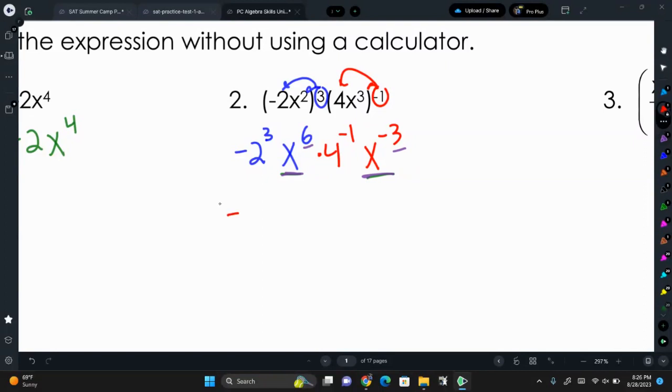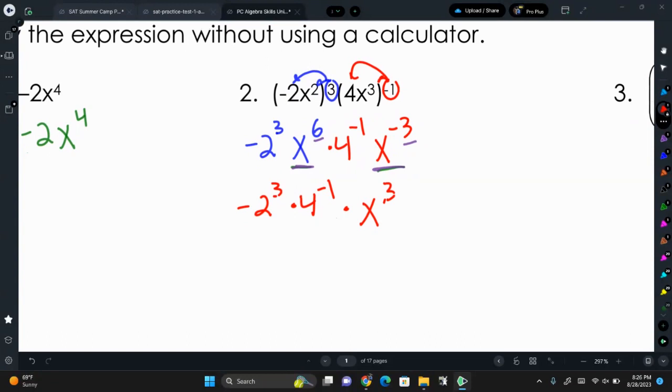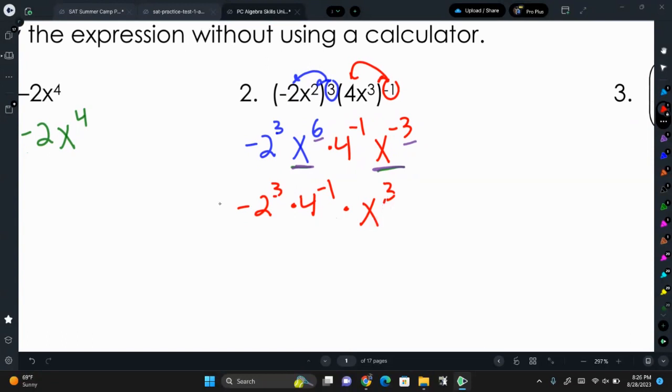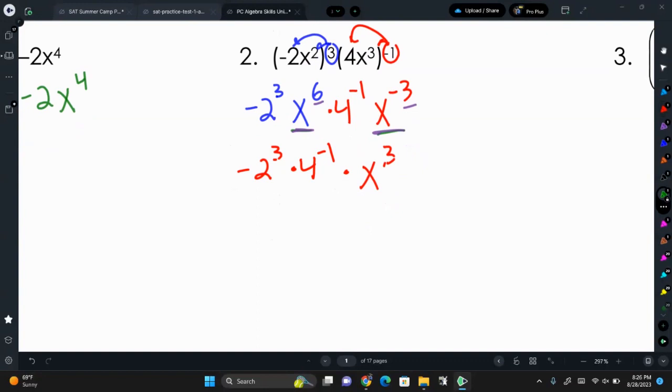So this is going to be negative 2 to the third times 4 to the negative 1 power times x to the positive third power, because 6 plus negative 3 is positive 3. We are not done yet because we need to deal with negative 2 raised to the third power and 4 to the negative first power.